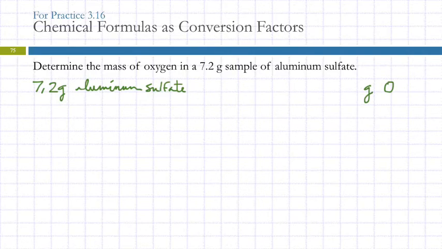Grams of oxygen. I'm not looking for mass of O2 or anything, because here the oxygen is in the compound, and so the diatomic business is not relevant. Grams of aluminum sulfate, grams of oxygen. How can I get from one to the other?